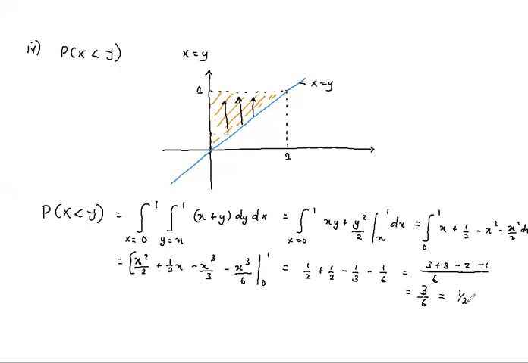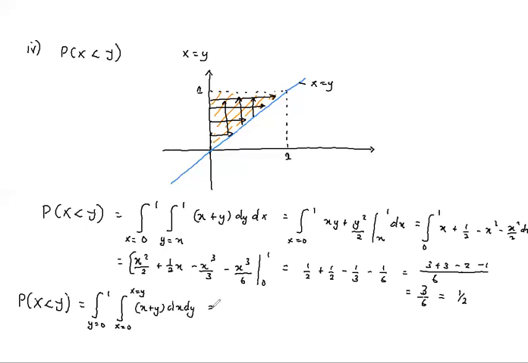Or you could as well say, for me to get x less than y, I want to get y from 0 to 1. So x is going to be from 0 to the line. So x will be moving in this direction, from 0 to the line x is equal to y. x plus y, dx dy.